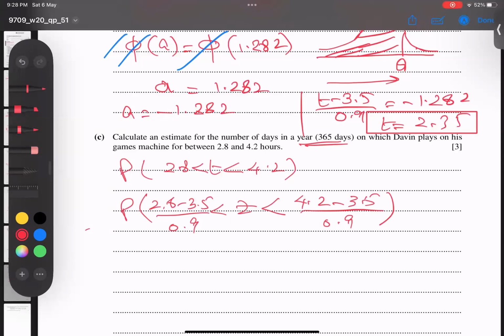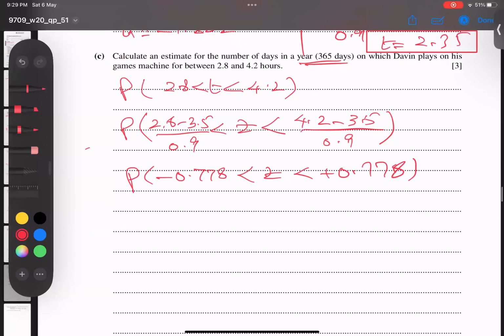So let me type, students. 2.8 minus 3.5 divided by 0.9. I'm getting negative 0.778. And for 4.2 minus 3.5 divided by 0.9, I'm getting positive 0.778.